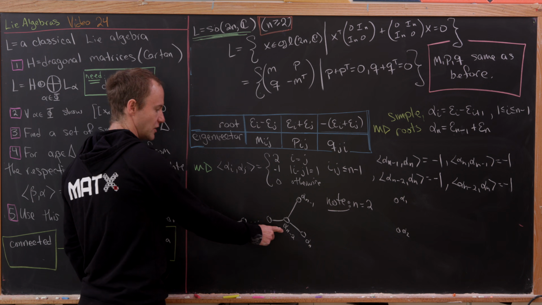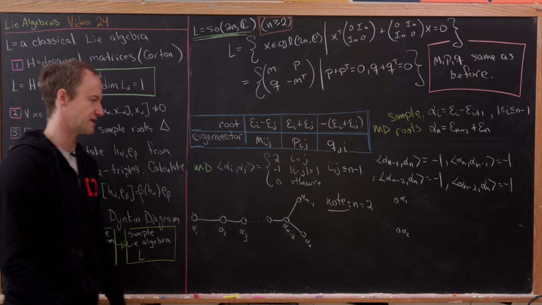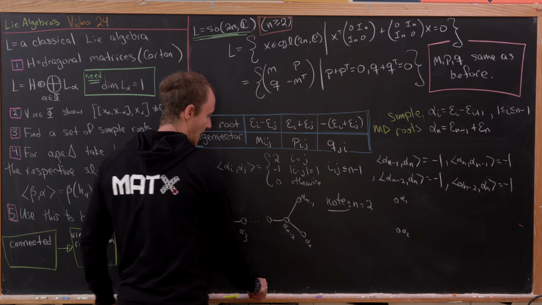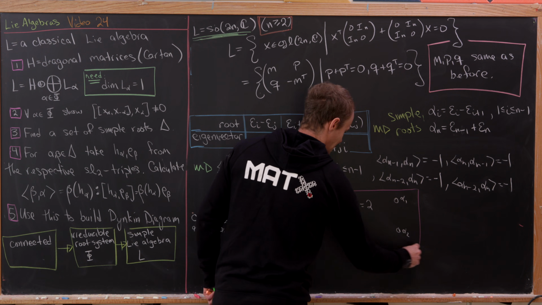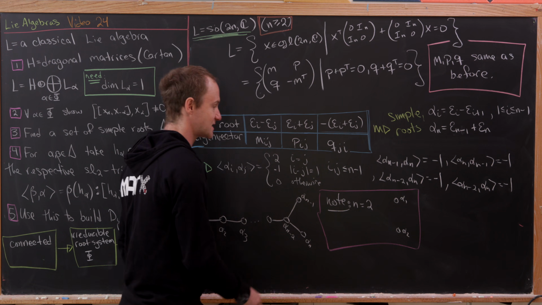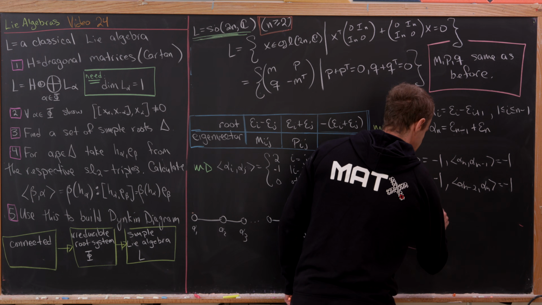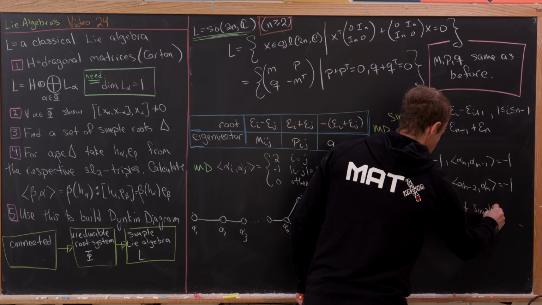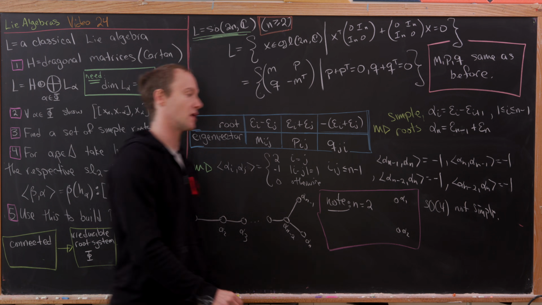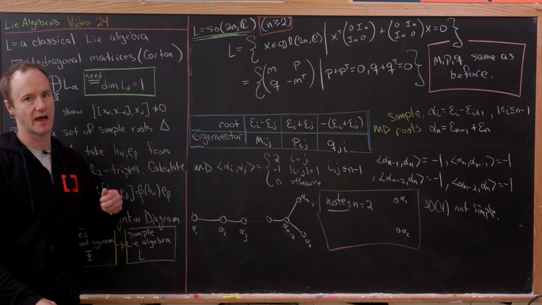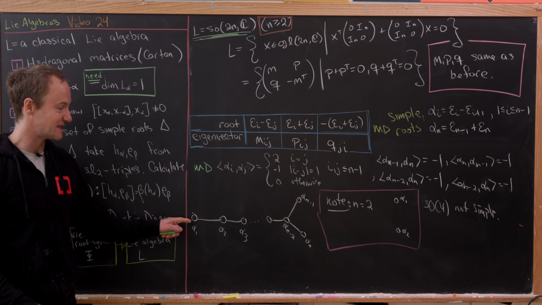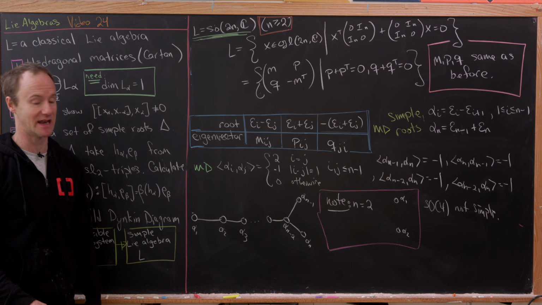That's because we have no alpha 0, for instance, to connect to each of these. So it's not simple in this case. So SO4 is not simple, but all of the other ones are simple. So SO6, SO8, SO10, all of those will be simple, and that's because this diagram here is connected.